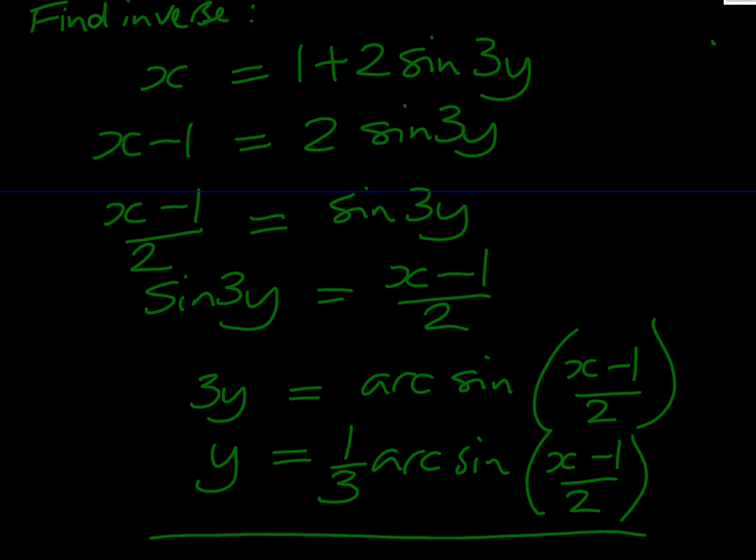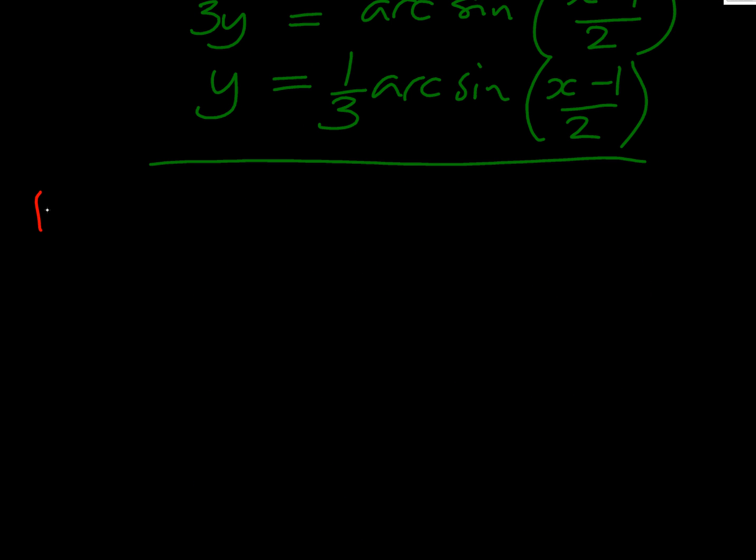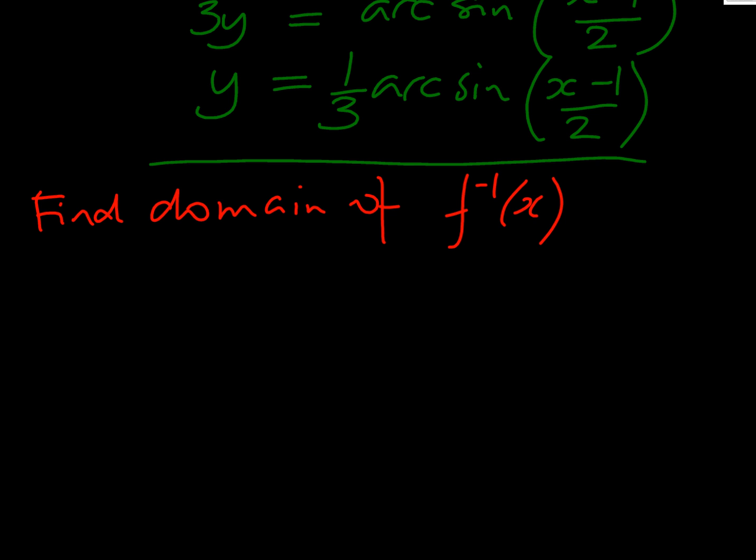So what was the second part it asked us to do? We need to find the domain of f minus 1 of x. Well, the best way to do this is to think about our input function and the domain of that, and the range, the output of our original function, and then reverse the process. So let's quickly draw out what we had here.